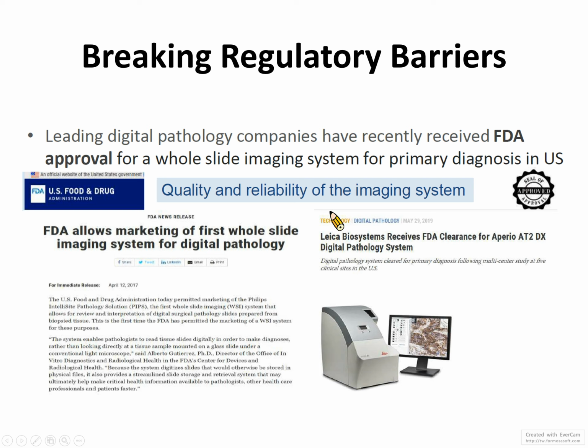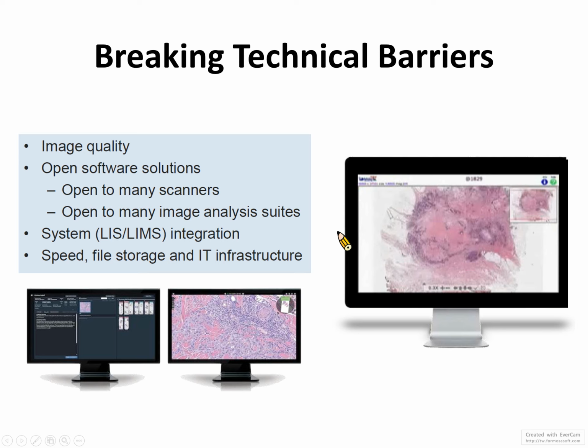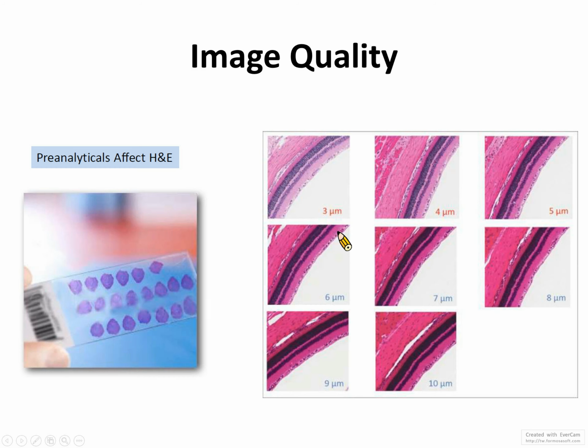And there are several slide scanners to do this job, and they are also approved by the FDA to scan all images, because you need to make sure the scanned images are of comparable quality to the microscope. So this is one of the technical barriers that needs to be broken in digital pathology.